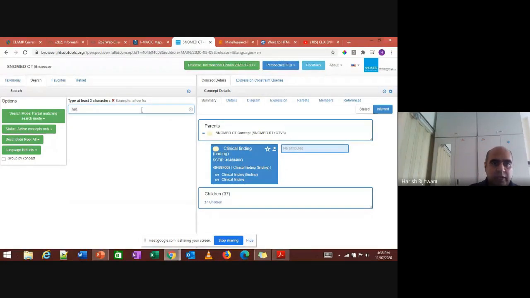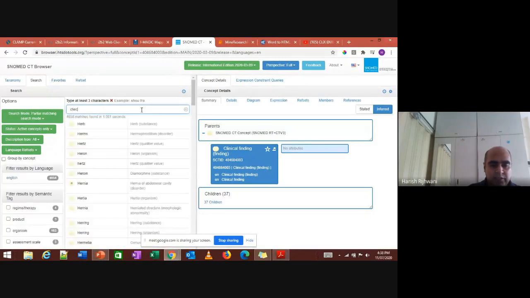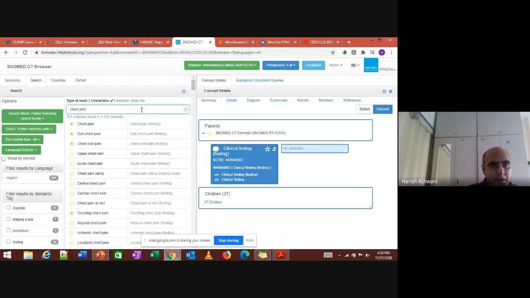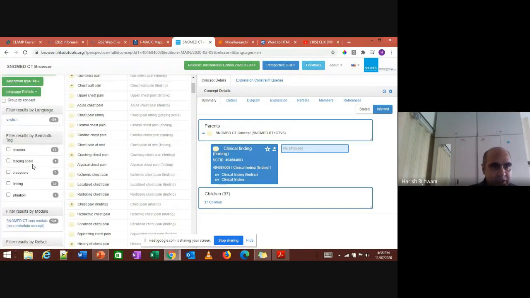So if I search for chest pain, there are so many aspects over here. On the left hand side, you'll see it is a disorder. It can be a situation, it can be a procedure, it can be a finding also. So SNOMED has these semantic tags using which a person can find out whether this word is related to the healthcare aspect.